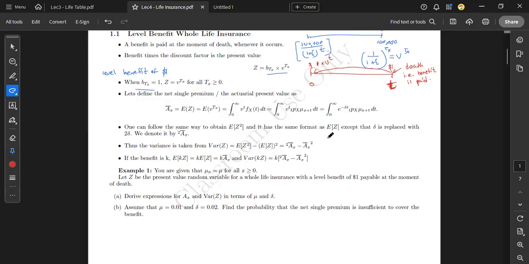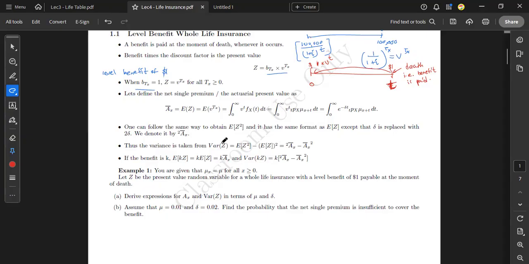But for the first insurance type, the whole life insurance, definitely there will be a benefit payment at some point in future. That means we need to pay the death benefit to the insured, but we have to make sure that we add the expenses of operations and the profit margin to this present value of the benefit payment before we decide the premium.